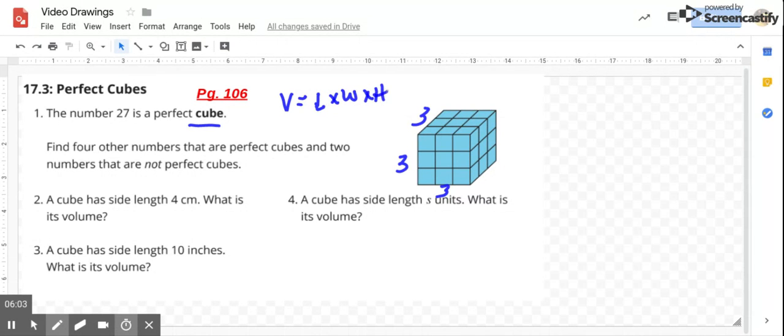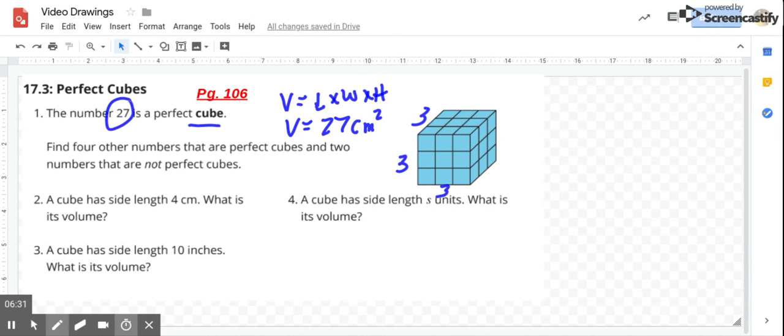So this one has a volume of 27. And if we had those snap cubes from the previous activity, you would know 27 cubes would make this figure. So this has a volume of 27 cubic centimeters, assuming these were all centimeters. So 27 is what we call a perfect cube because you could make it a 3 by 3 by 3.